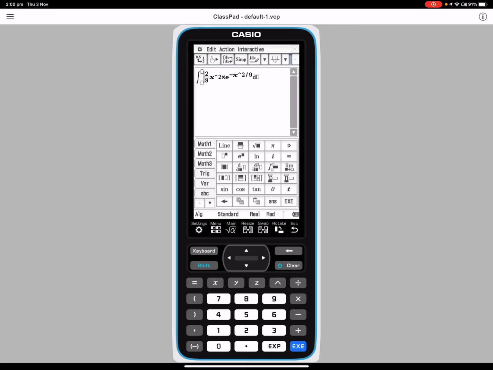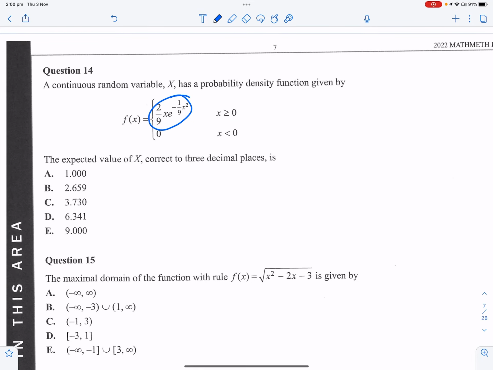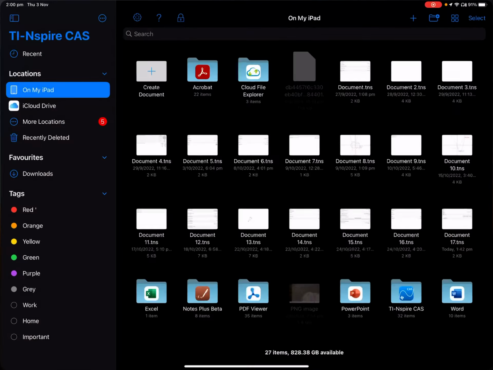The integral of that between 0 and infinity dx, 2.658, 2.659. Just thinking we just multiply x times f of x, yep.